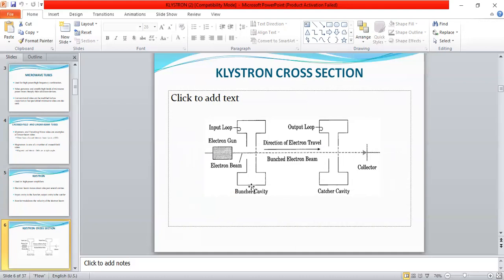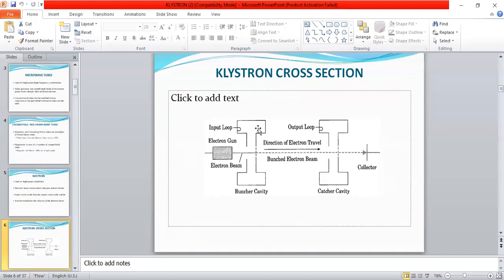The first cavity, the cavity which is near to the electron gun, is considered as the buncher cavity or input cavity. The cavity near to the collector is considered as the catcher cavity or output cavity. Based on the number of cavities, we consider the klystron amplifier as two cavity, four cavity, or multi cavity klystron amplifier.